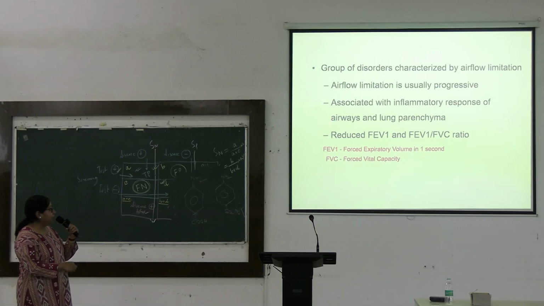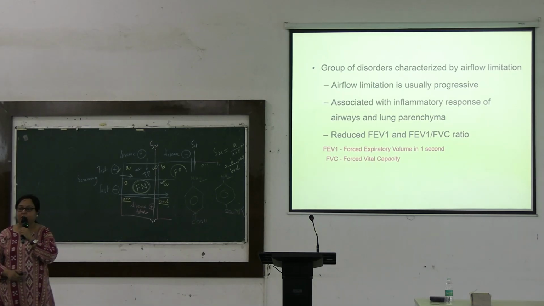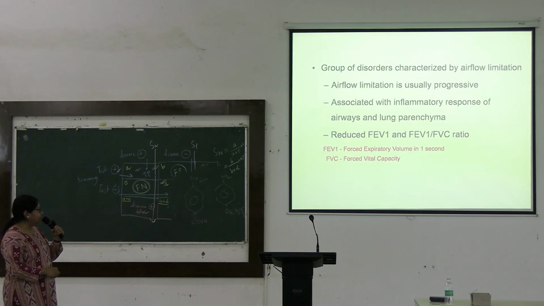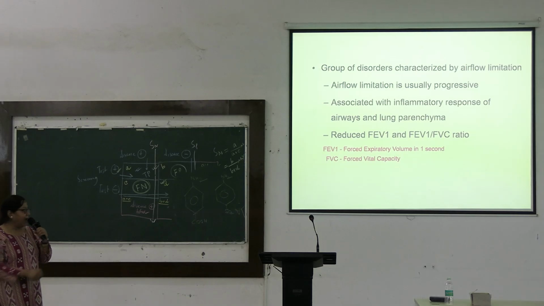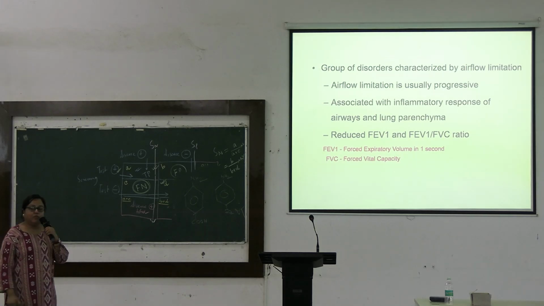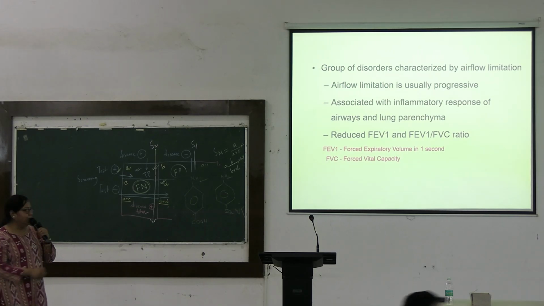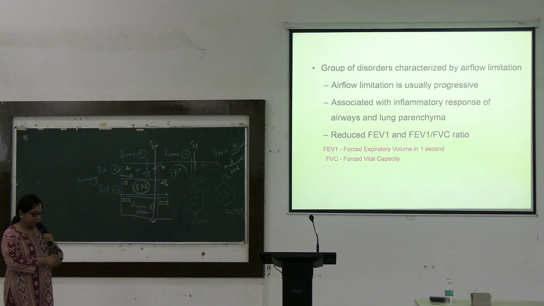These are the three important features of obstructive airway disease. FEV1 is forced expiratory volume in 1 second, and FVC is forced vital capacity. So you should know these two terms.